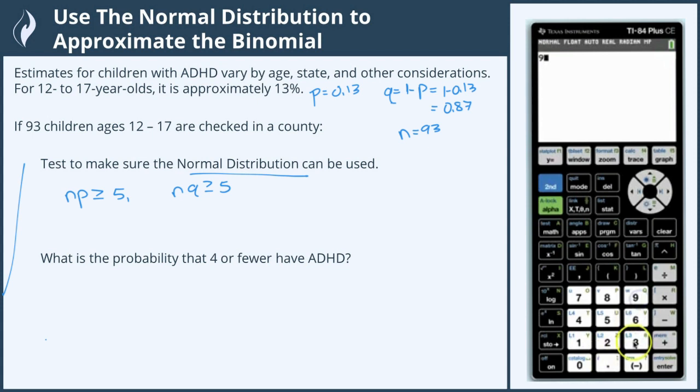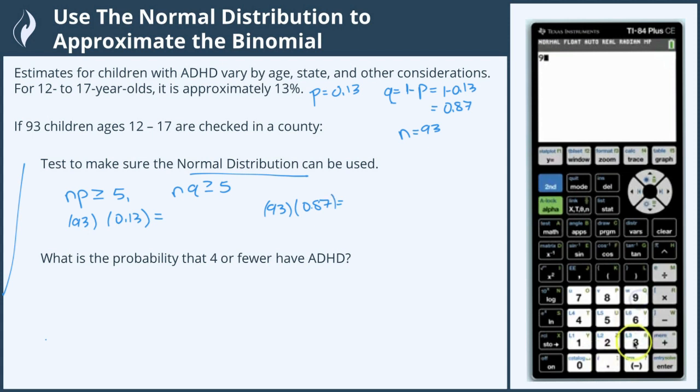So the first check is to find N, which is 93, times P, which is 0.13, and if it's greater than or equal to 5, that's good. And N, 93, times Q, which is 0.87, also has to be greater than or equal to 5.